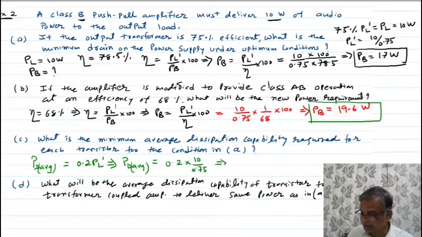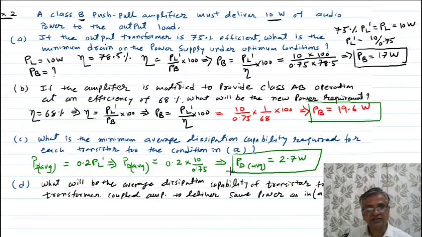From this you can calculate, it is nothing but 2.7 watt. So you should require transistors whose PD is 2.7 watt.